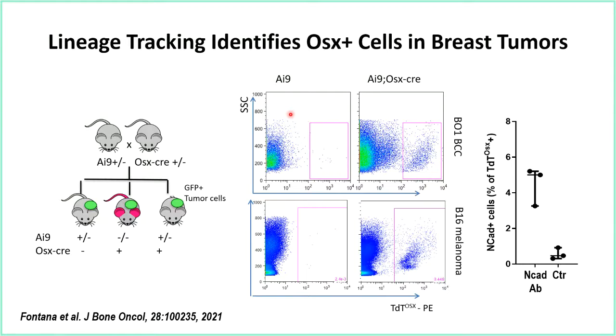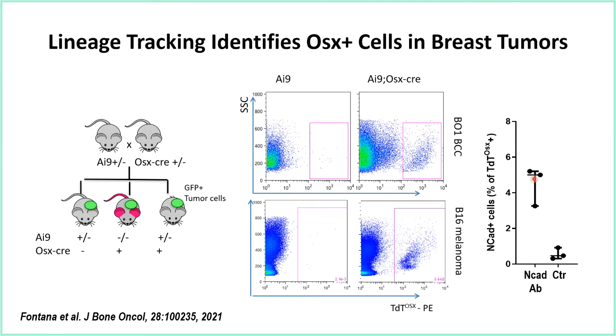Here I'm showing you an example of flow cytometry taken from tumors in control and Osterix-targeted mice, showing that injecting either a breast cancer cell line or a melanoma cell line, we can actually see Osterix positive cells in the tumor.